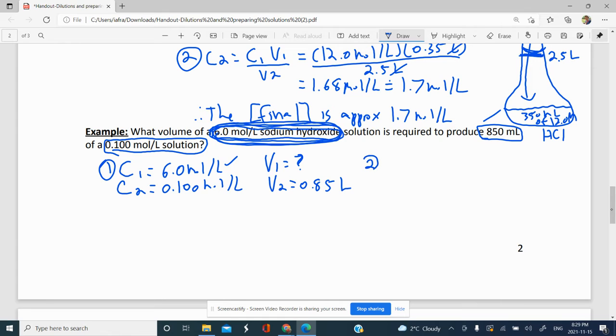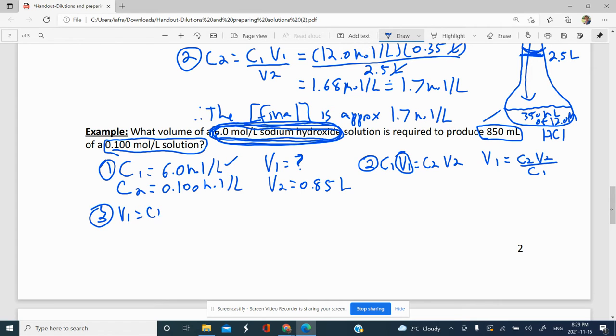So we can write our dilution equation down. C1 V1 is equal to C2 V2. And we can rearrange to get V1. Divide both sides by C1, and you get V1 is equal to C2 V2 over C1. And so we can plug this in. So let's go ahead and do that as our third step.